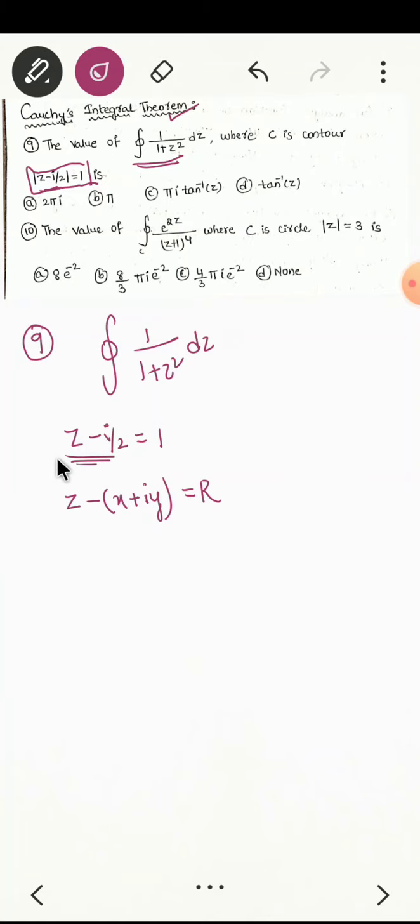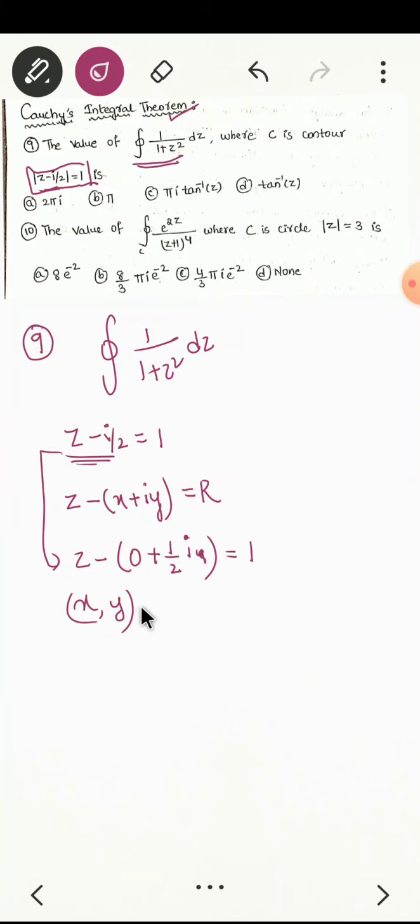I can write this as z minus (0 plus 1 by 2 into i) equal to 1. Now the center, x comma y values, are what? The x value is 0 and the y value is 1 by 2. So the center is 0 comma 1 by 2, and the radius is 1.